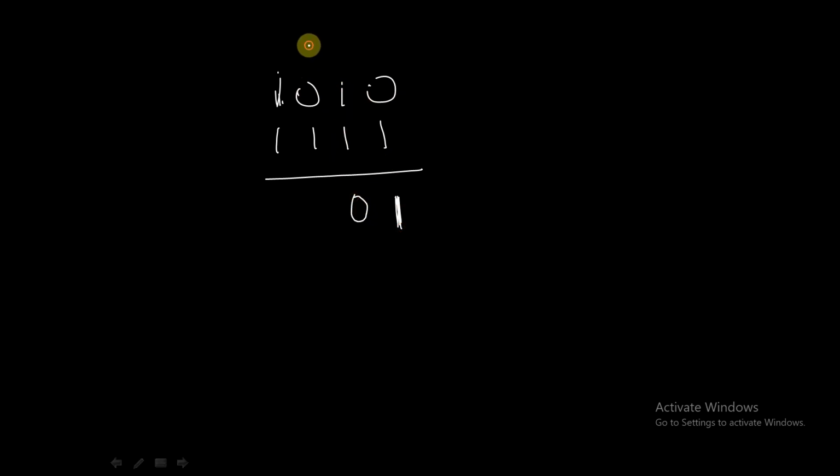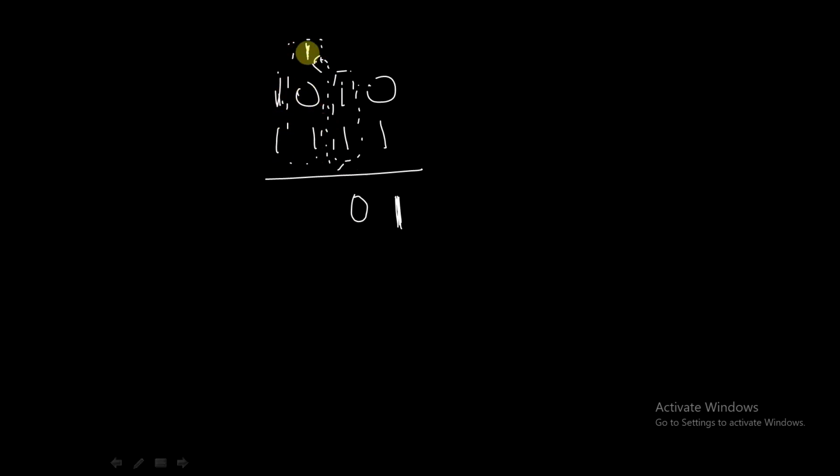Carry is being generated here, and the carry which was generated when we add these two bits 1 and 1 will be propagated to the next stage. Here you can see the sum is 0, whereas the carry is propagated to the next stage, and it is being added with the next stage bits.